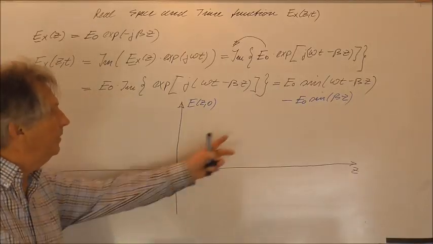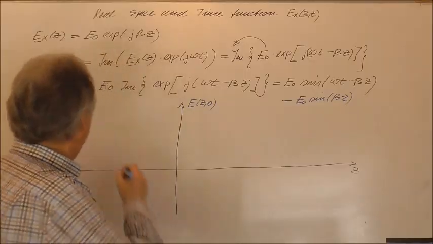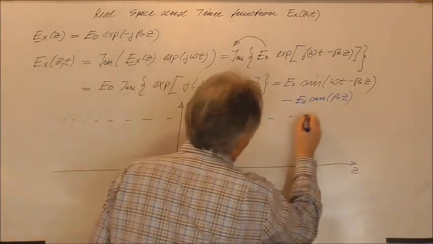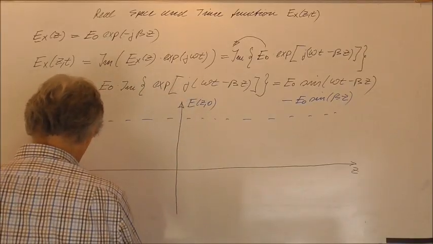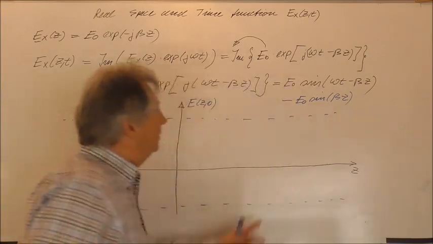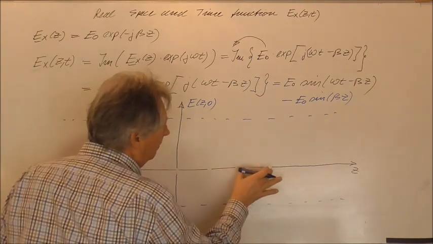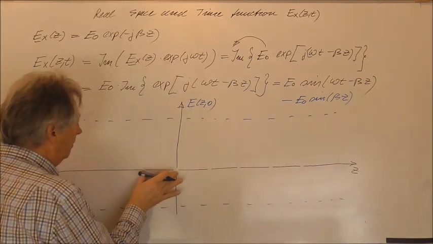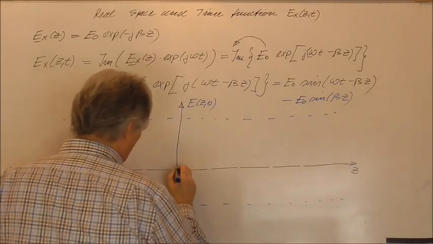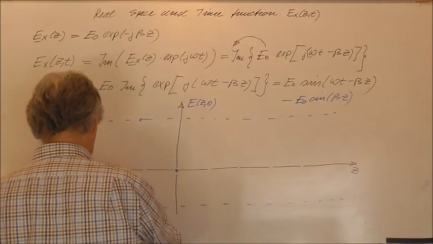This is a real function, we have a certain amplitude, that means E naught will define the amplitude of the function. Of course it will be a periodic function. So at t equal to 0 it will be sinusoidal.